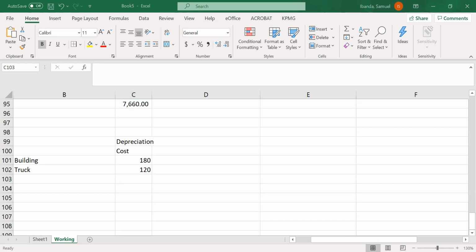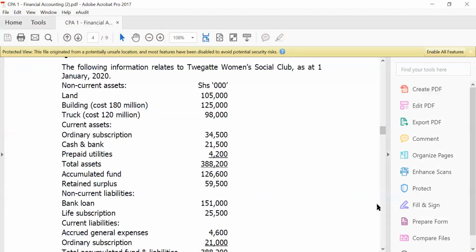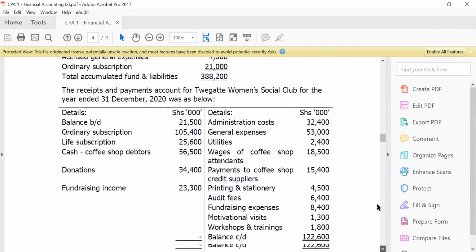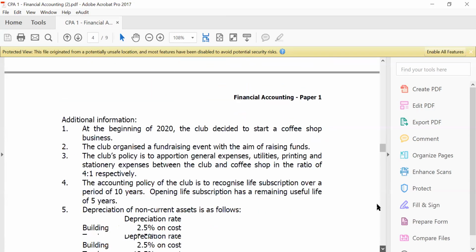Okay, 180 and 120. So depreciation percentage, the one that we are given. Depreciation percentage, let me check.